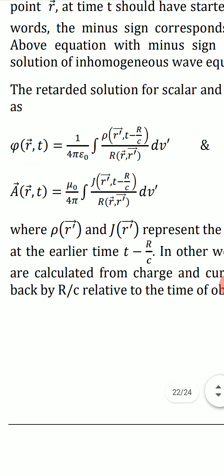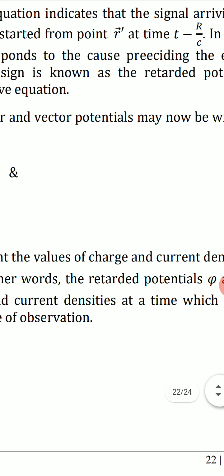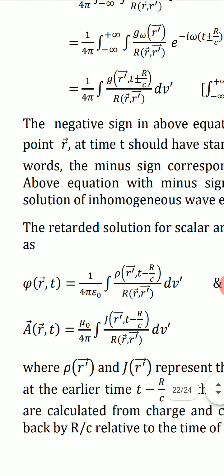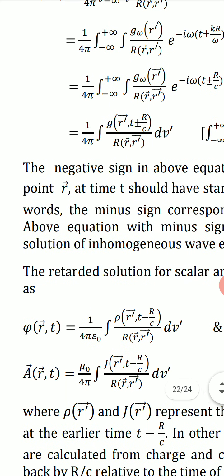The retarded solution for scalar and vector potentials may now be written as. This is the equation for psi, and psi includes both vector potential A and scalar potential phi. Now we can separate these scalar potential phi and vector potential A by these two equations.